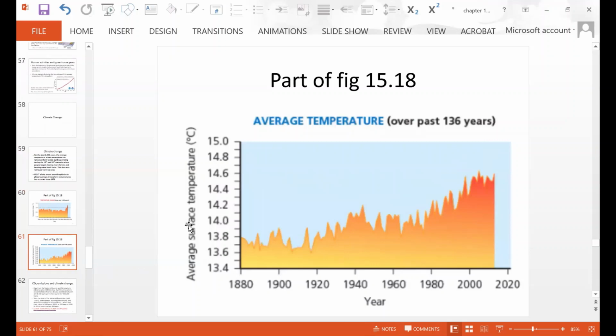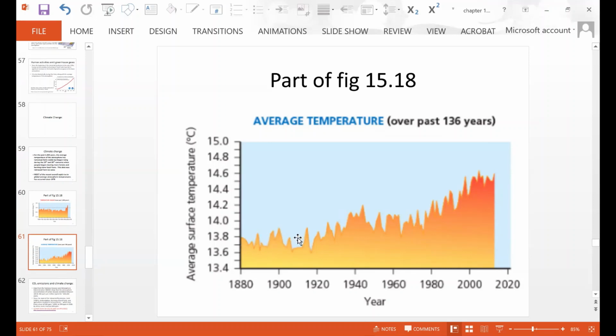And this is average surface temperature from 1880. And you can see right around 1978, that's when you start having this drastic increase. That is a different slope of change than what you had before.